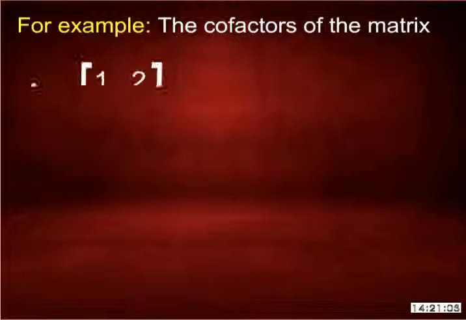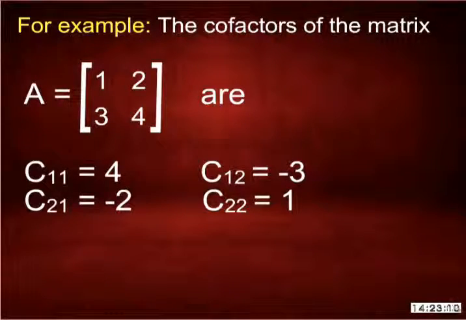For example, the cofactors of matrix A whose first row elements are 1, 2 and second row elements are 3, 4 are given as C11 is equal to 4, C12 is equal to minus 3, C21 is equal to minus 2 and C22 is equal to 1.